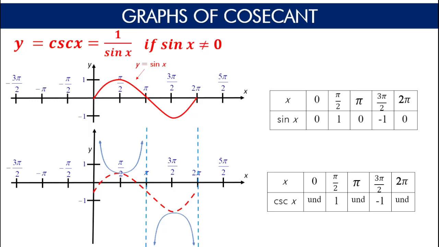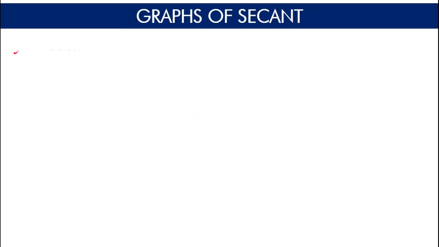As you can see here, it will approach only its vertical asymptote, but it will not touch it. Same with this. It will only approach the vertical asymptote, but it will not touch it. Okay? Now, how about the secant?